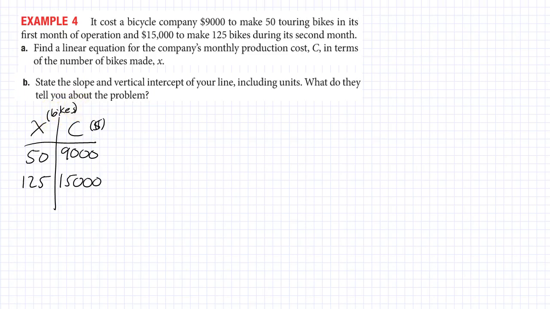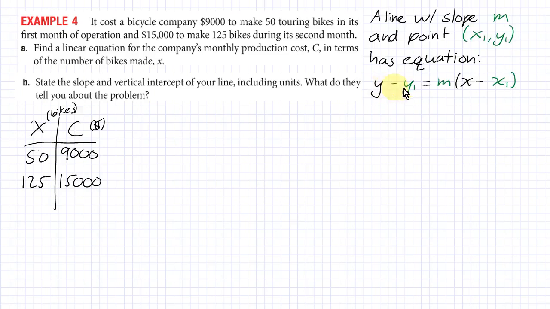It always helps to keep track of the units of the numbers you have. To find a linear equation, we're going to use point-slope form, which normally we write in this format: y minus y1 equals the slope m times x minus x1, where x1, y1 is any one of these points.